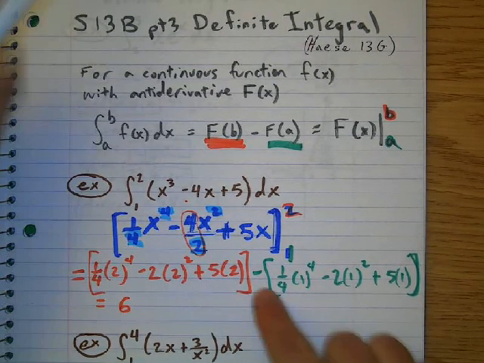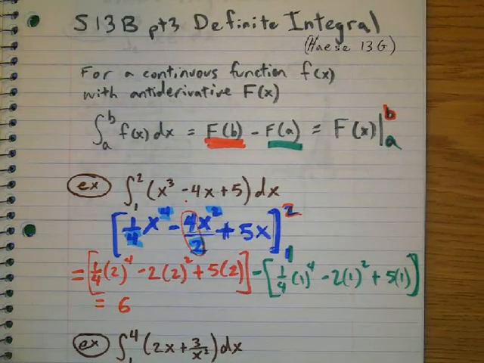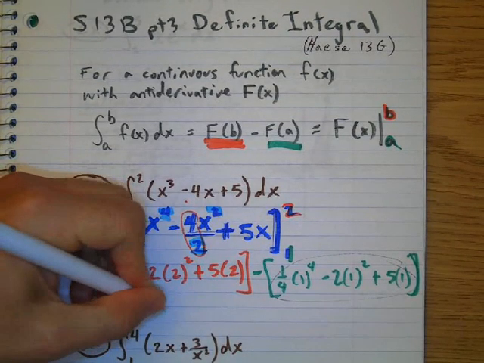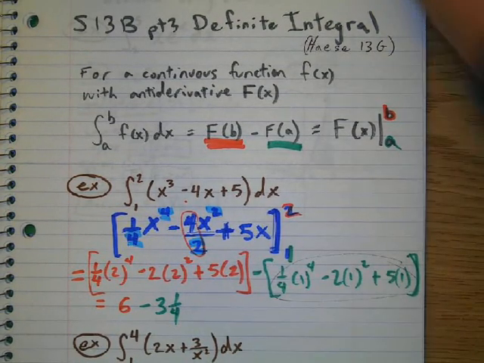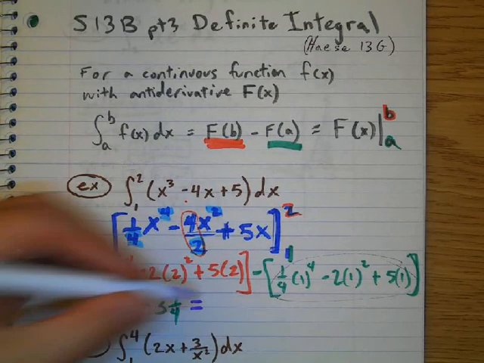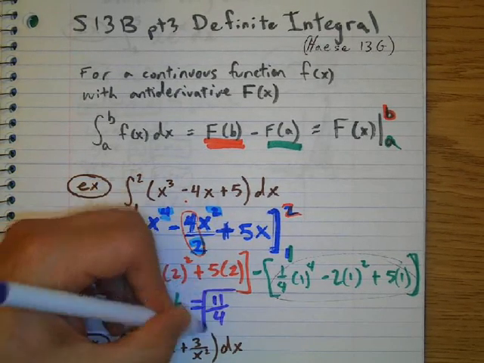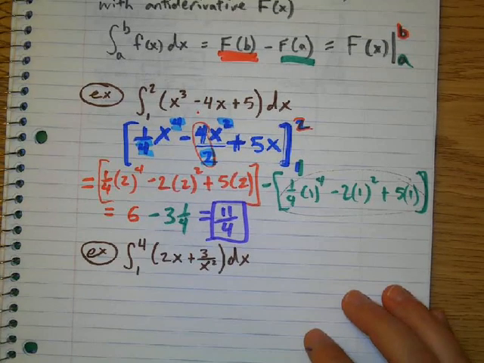And if I take all of this here, this is all going to simplify to 3 1/4. And so if I do 6 minus 3 1/4, you end up with 11/4. Okay, and that is our answer for that one. Okay, let's do this next example.